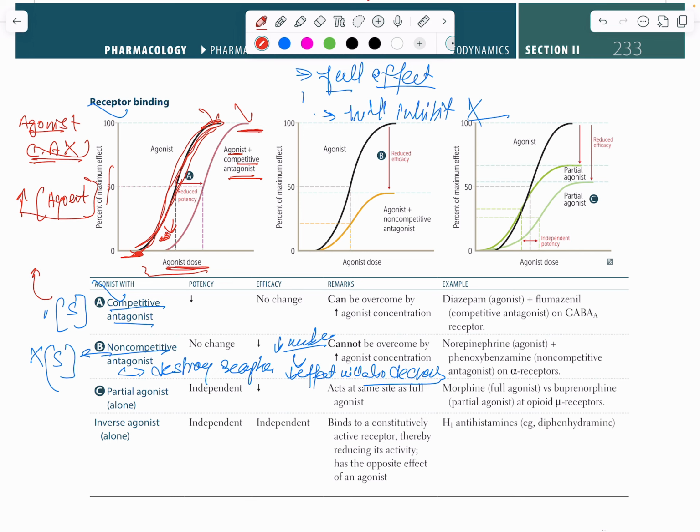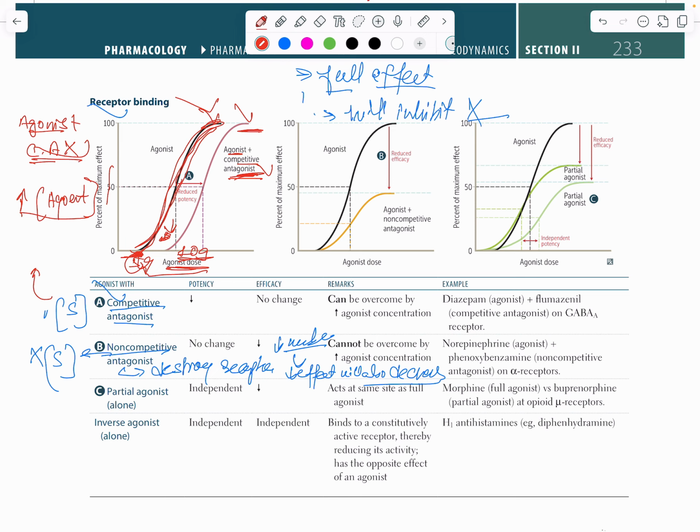Before giving the antagonist, at 5 grams we are getting the maximum effect. But after giving the competitive antagonist, we are getting the same effect at 10 grams. So if you recall the previous topic about efficacy and potency, if we get a desired effect with a very small amount of drug, then it is called potency.